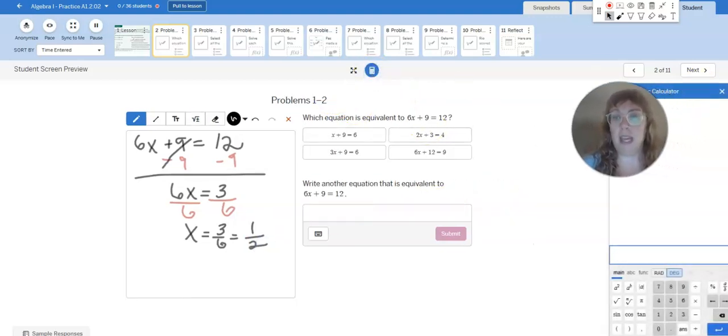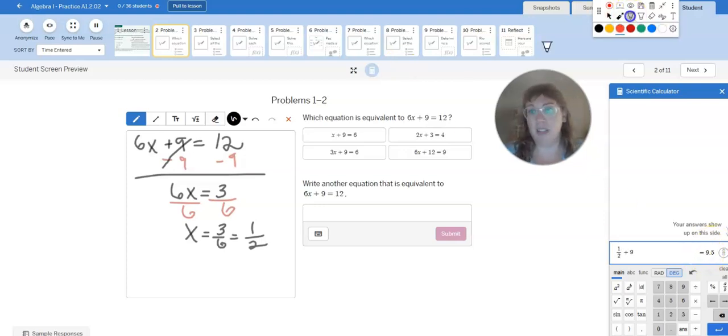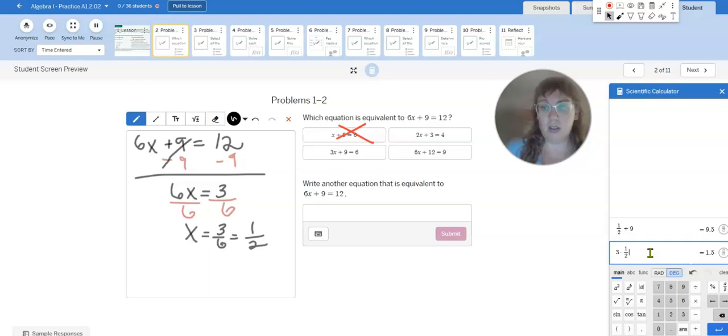So now I can open up my calculator here, and we're going to plug in 1/2 for x to see which statement is true. So for the first one, x plus 9 equals 6. So 1/2 plus 9 is 9.5, which is not equal to 6, so it's not that one. 3 times our x, which is 1/2, plus 9 gets us 10.5, which is not equal to 6.